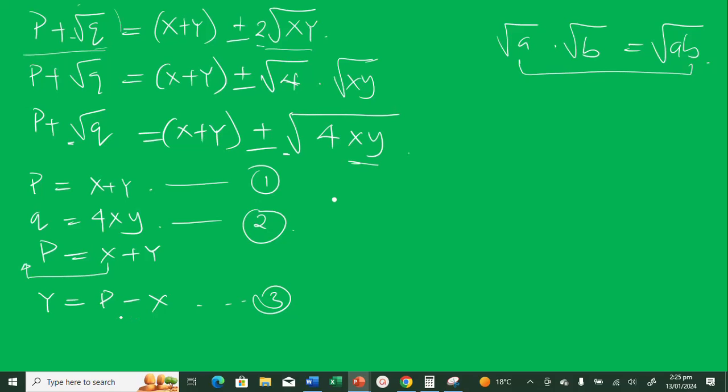Having done this, we are going to substitute the value of y into equation 2. Doing that substitution, you have q equal to 4x times, bracket open, p minus x, bracket close.